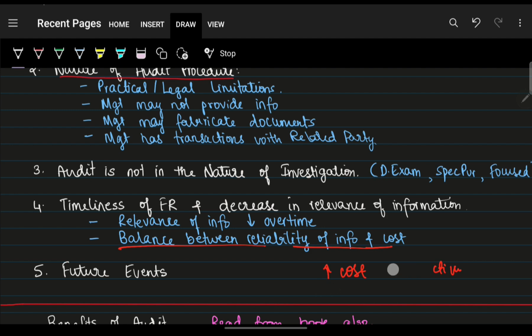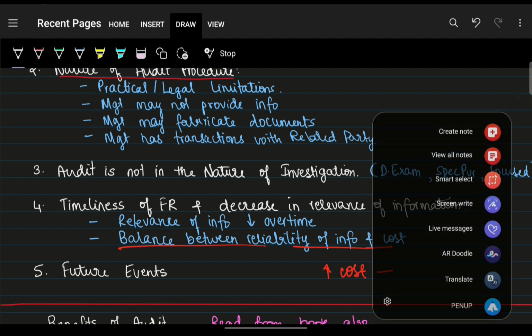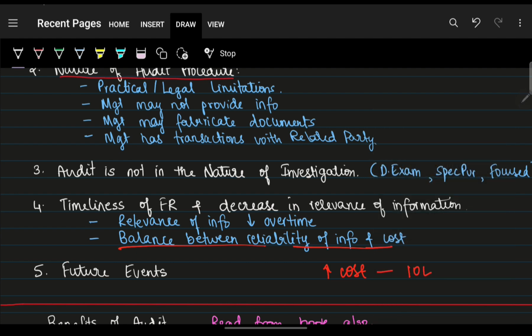Suppose the cost of the audit is 10 lakhs, but your audit fees is only 8 lakhs, right? Here there's no balance between the reliability of information and the cost that has to be paid for it. We'll have to keep that in mind, because that is also an inherent limitation of audit.